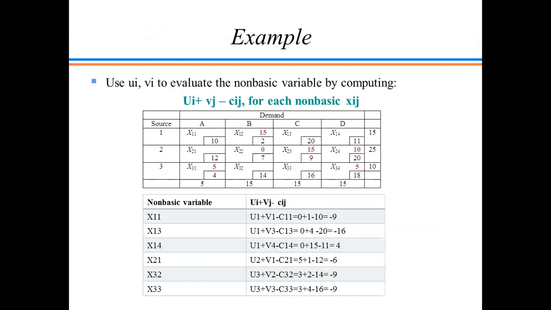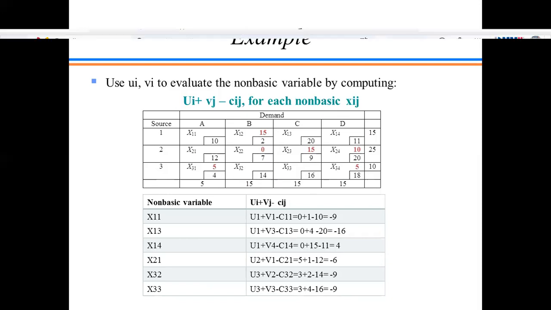Then once you have updated the calculation, you check the optimality condition, whether you find a positive value or not. Yeah, a minimization problem is already optimum if there is no more positive value.